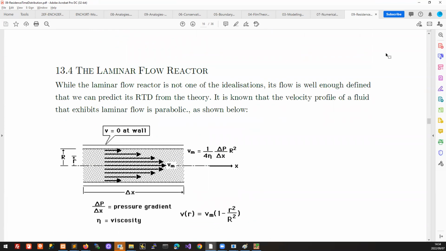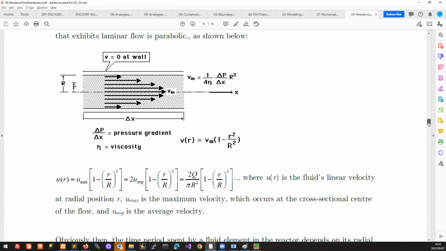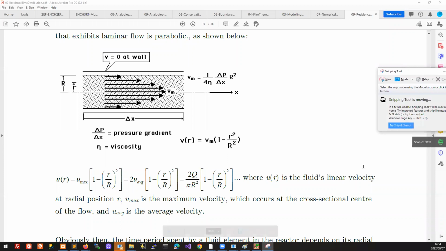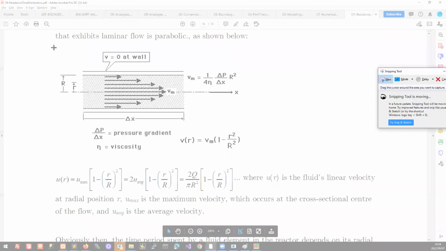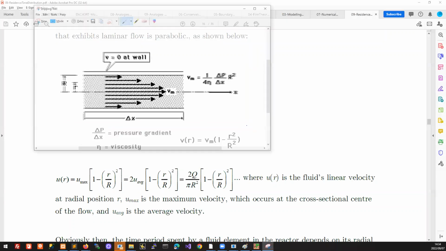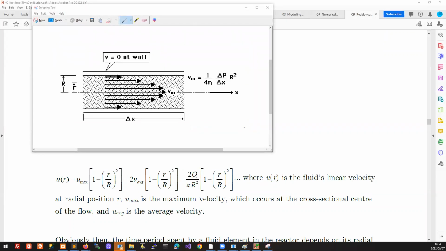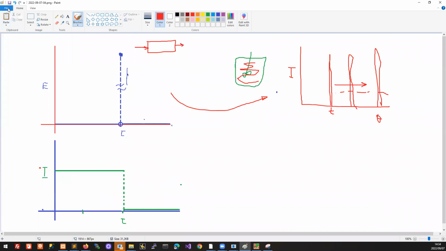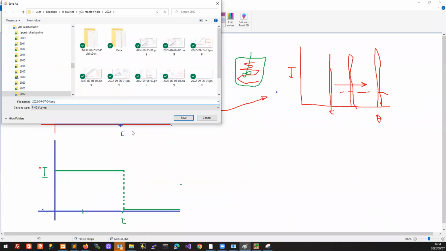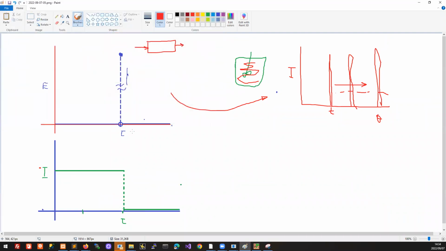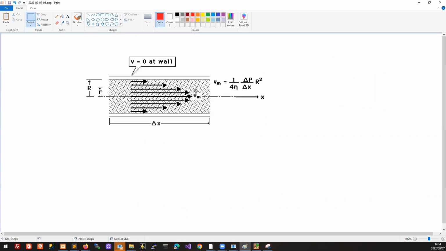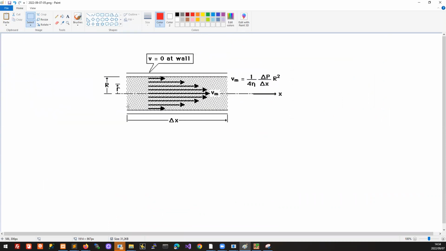For the laminar flow reactor, this is another one that you can just read about. So let's talk about the physics of the problem instead. If you think about this laminar flow, you have finite velocity everywhere in this pipeline, with a certain maximum velocity.